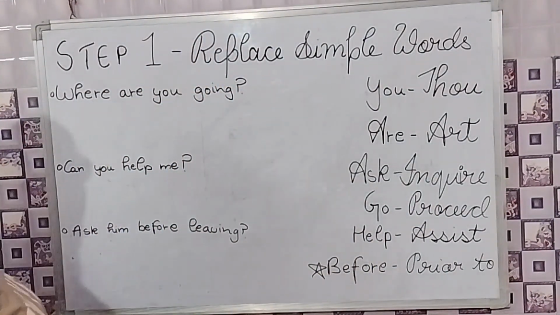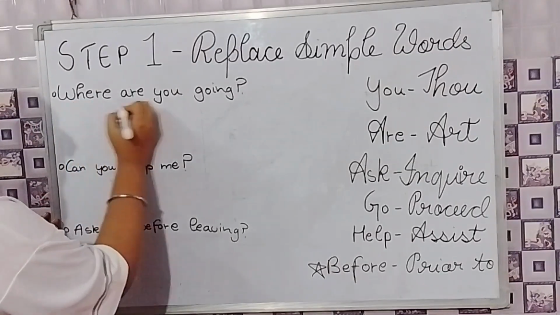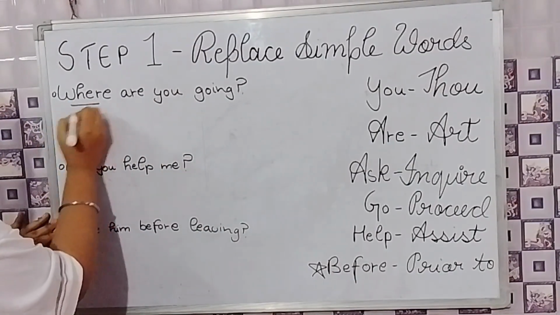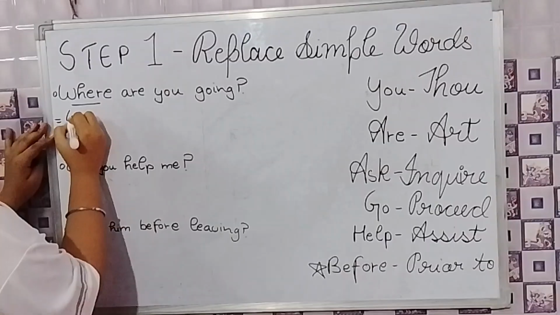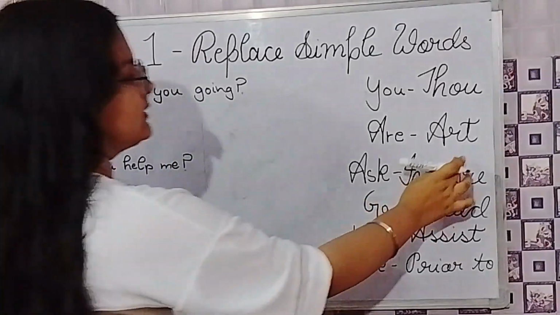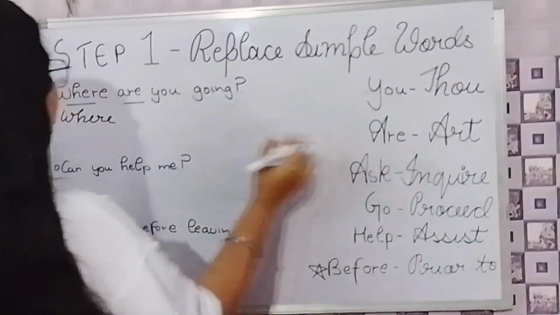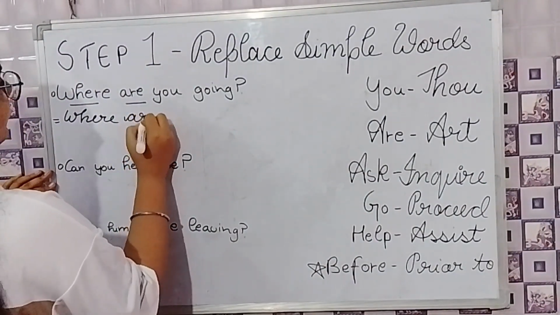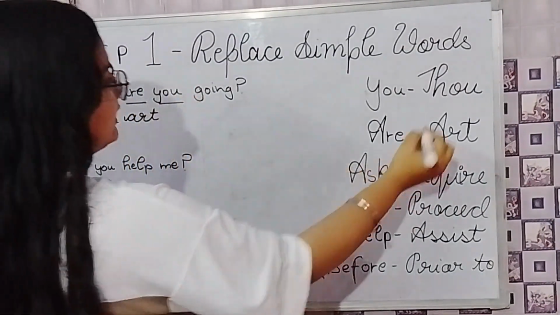So the first example is, where are you going? Where will remain the same. Are changes into art as we learned here. So where, art, and you changes into thou.